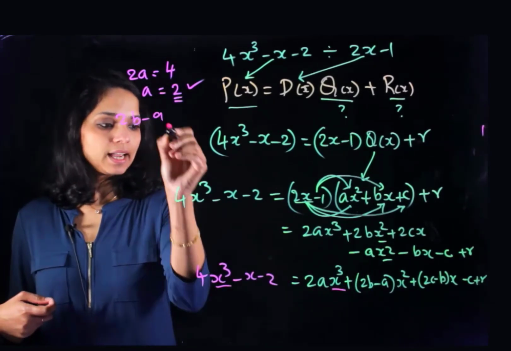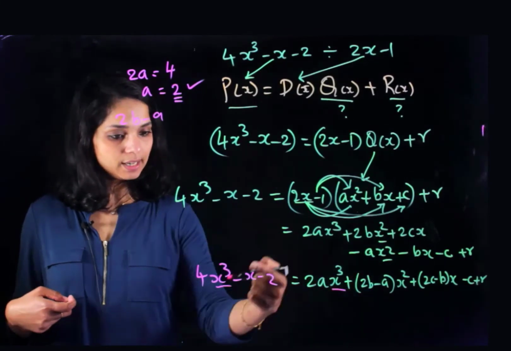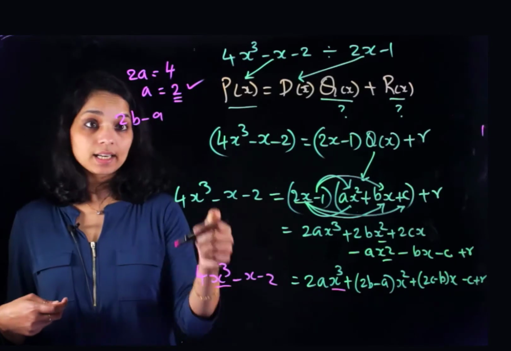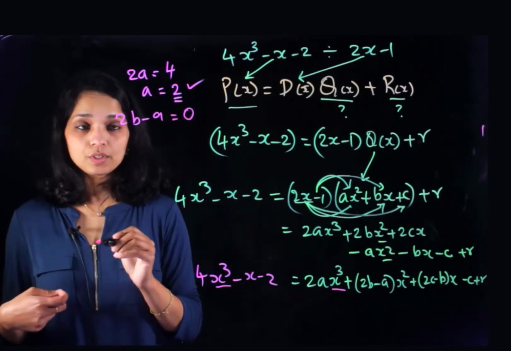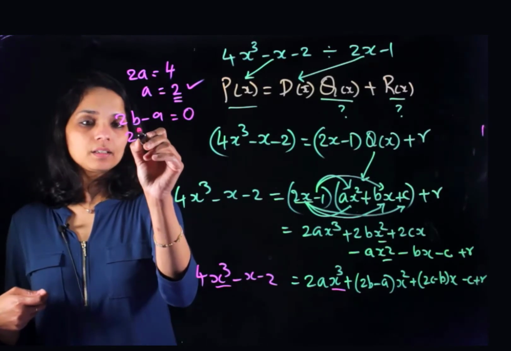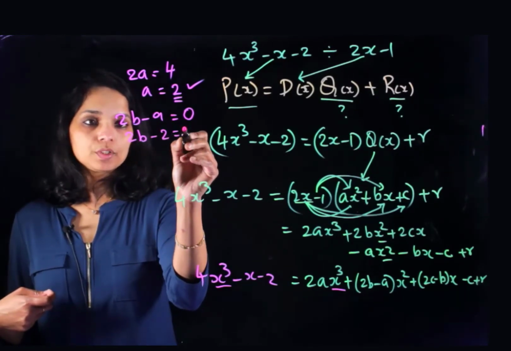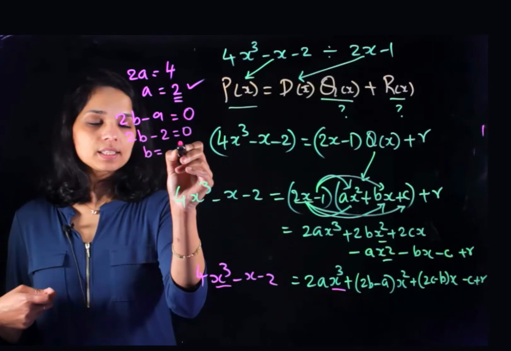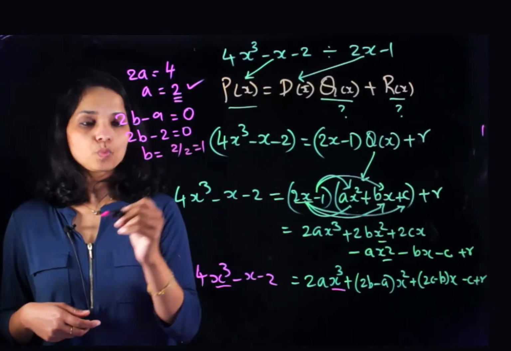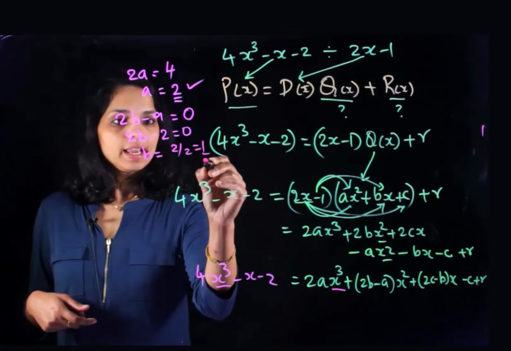So 2b minus a on this side, and there's no term with x squared in here, which means the coefficient is 0. a is 2, so this becomes 2b minus 2 equals 0, or b equals 2 over 2, which is 1. So we got a and b.